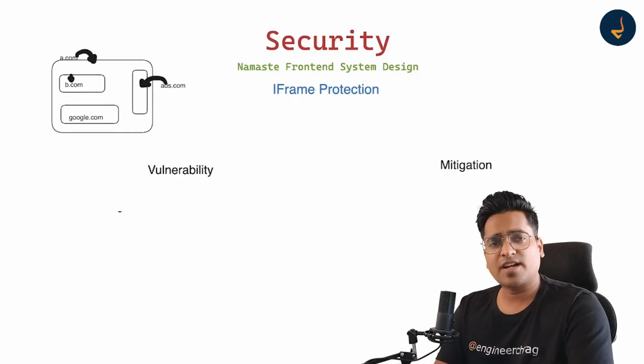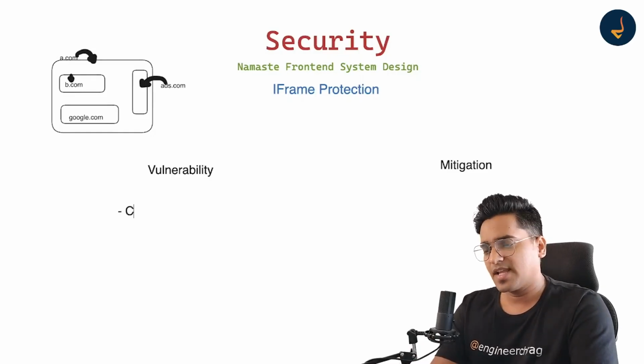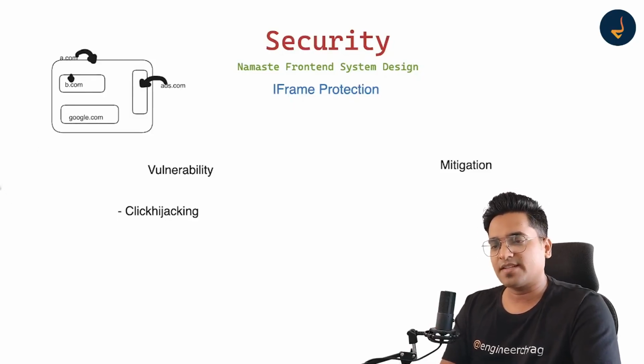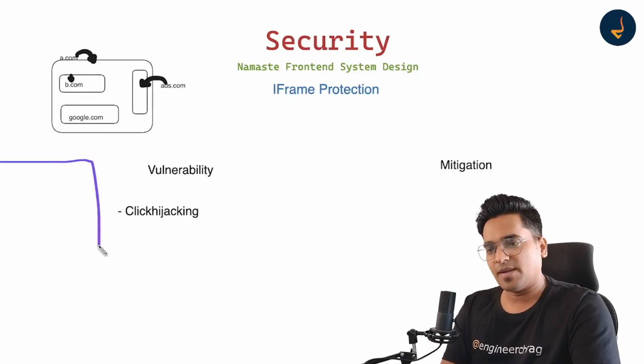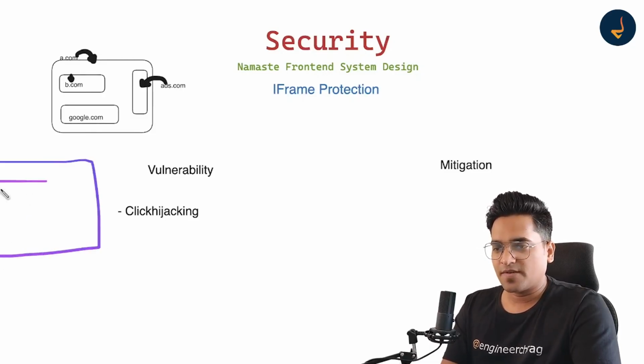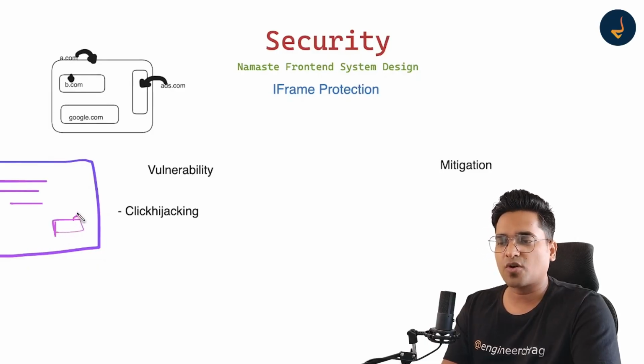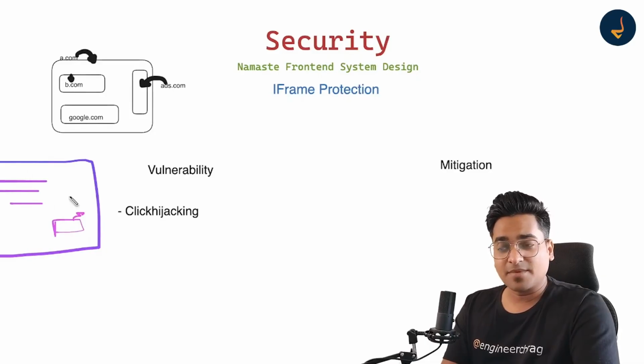The first vulnerability I wanted to talk about is clickjacking. So again, we'll take multiple examples. Consider you have an application and you have some details, and you have an option to show more or show details, but this is your website.